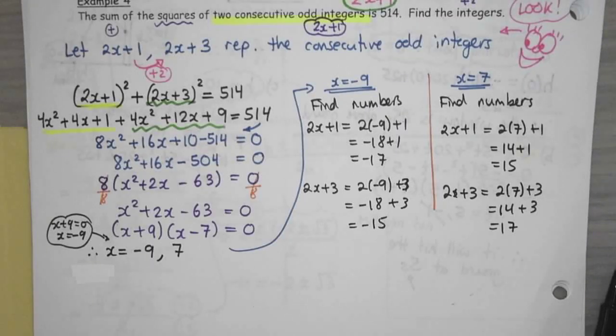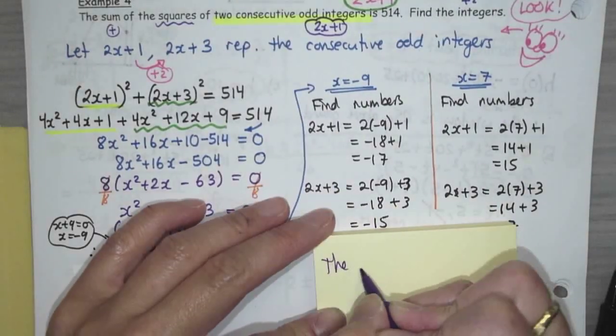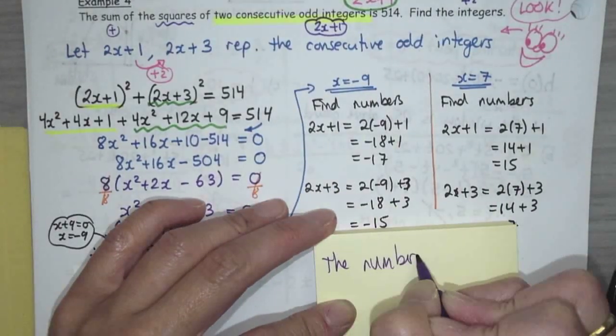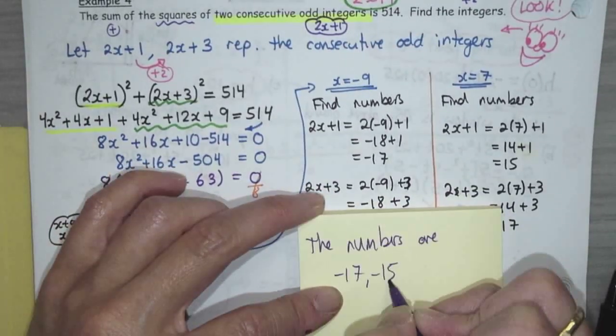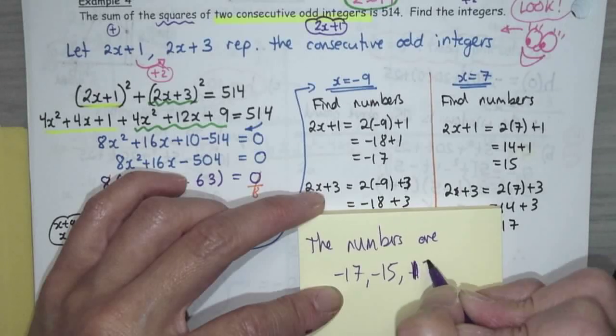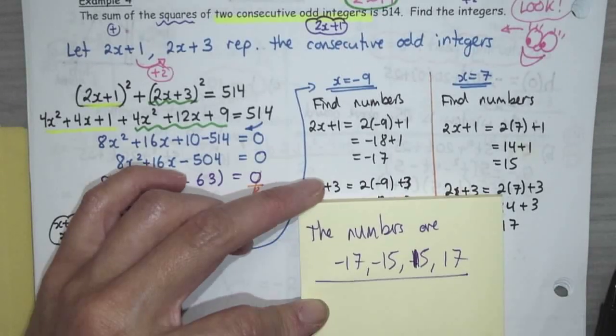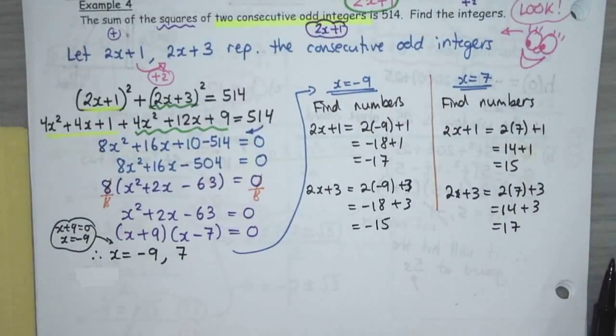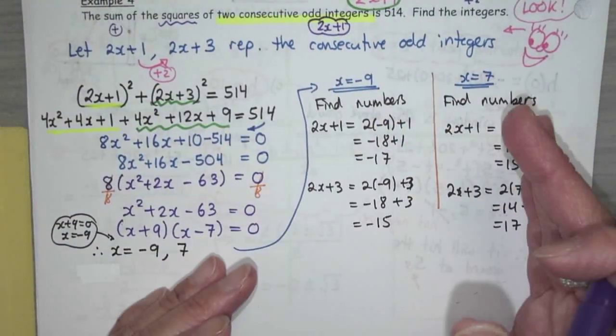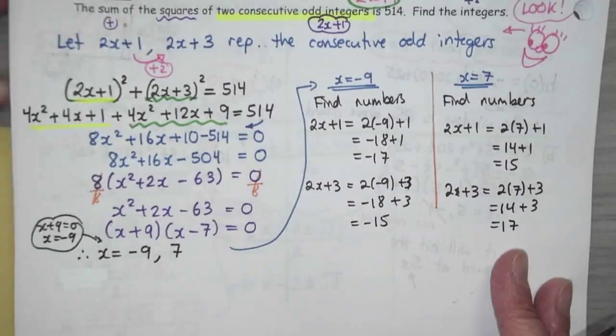This is actually two sets of numbers. Don't say the numbers are -17, -15, 15, 17. Those are not the numbers. You have to separate them. So don't put it all together as 4. You have to separate them into two sets, the two consecutive odd numbers.